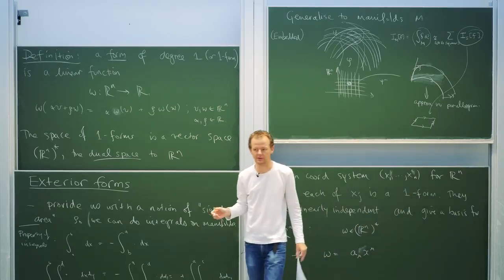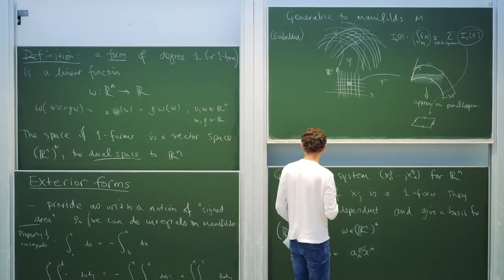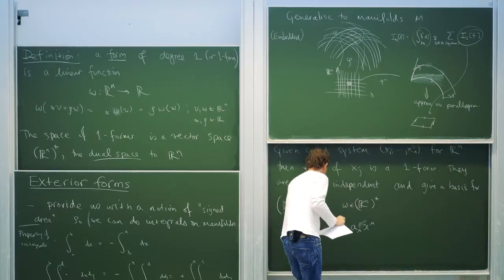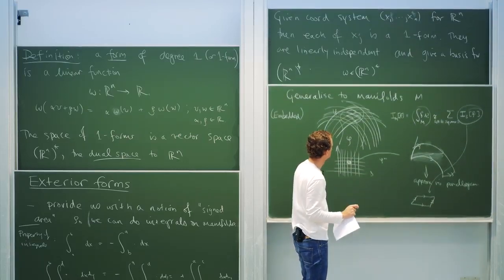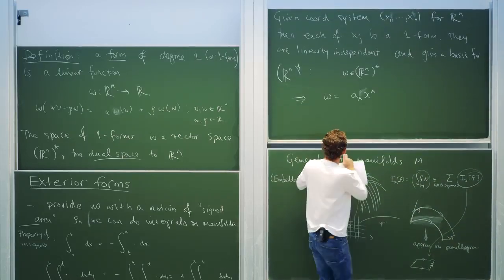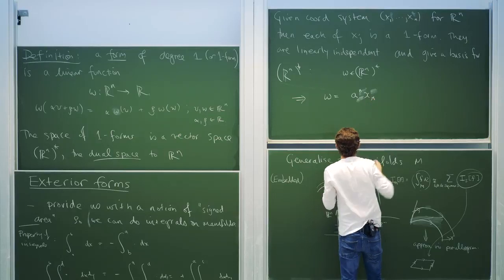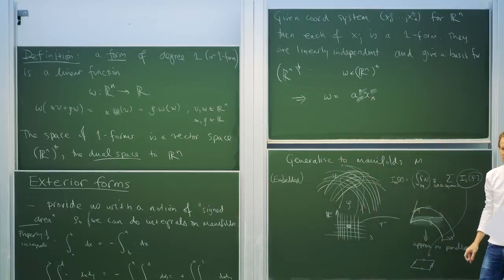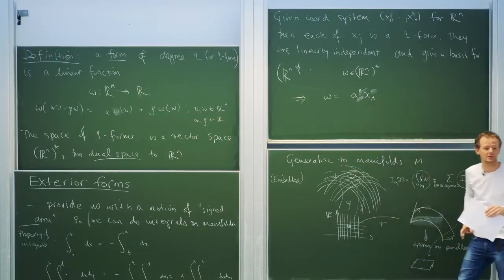This distinction matters a bit later on. So you can write every linear function on Rn as a linear combination of these basis forms here.